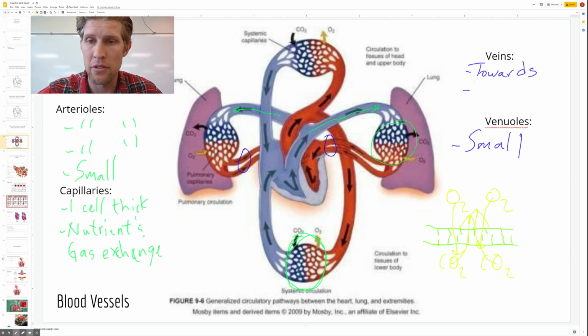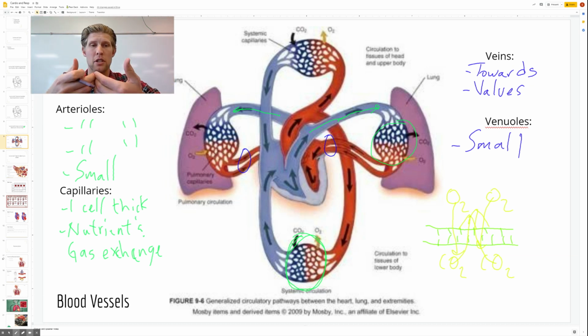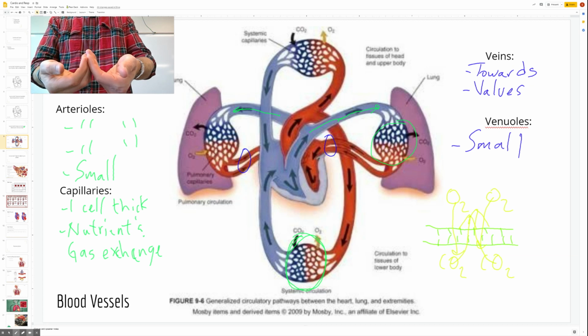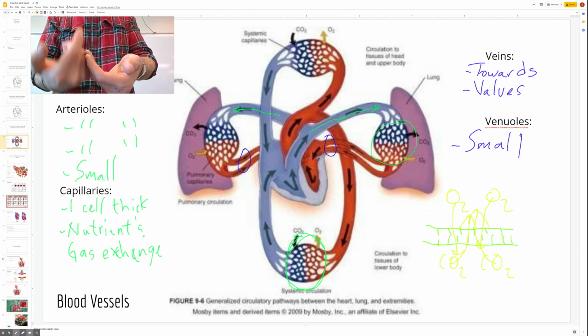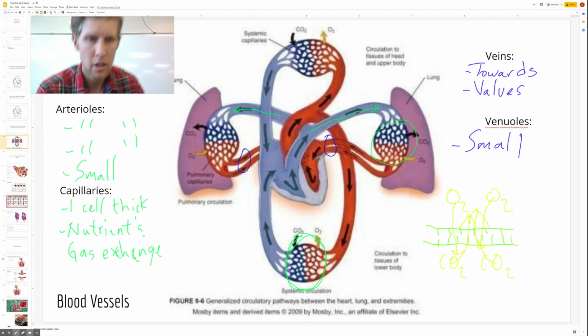They also have valves. They are not muscular like the arteries are. They have valves, so the valves are going to sit this way. They're going to sit up like this. So as blood flows up through, it can't go backwards. It catches it.